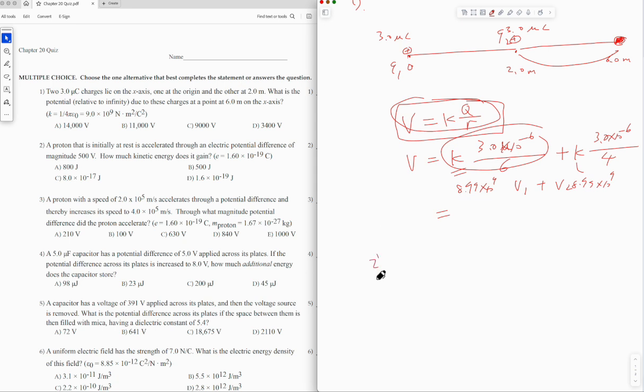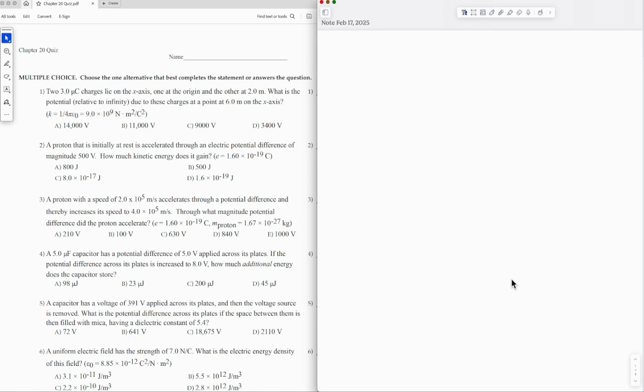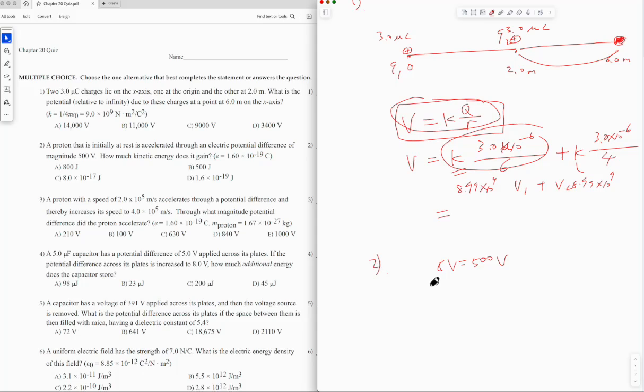Second: a proton that is initially at rest is accelerated through an electric potential difference. We know delta V equals 500 volts. How much kinetic energy does it gain? The proton is a charged particle moving inside the electric field, so what you have here is energy conservation.